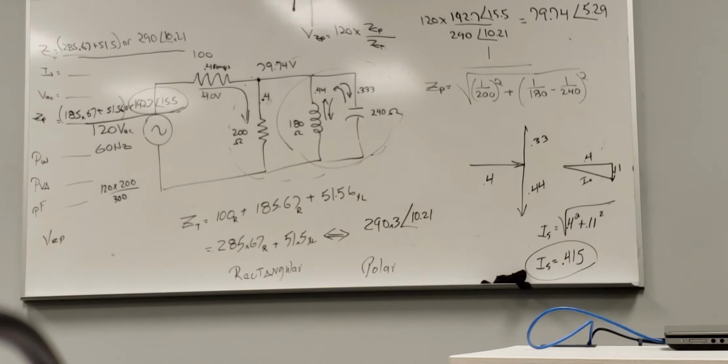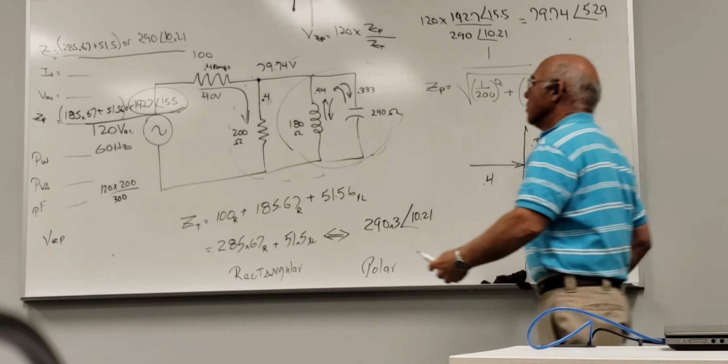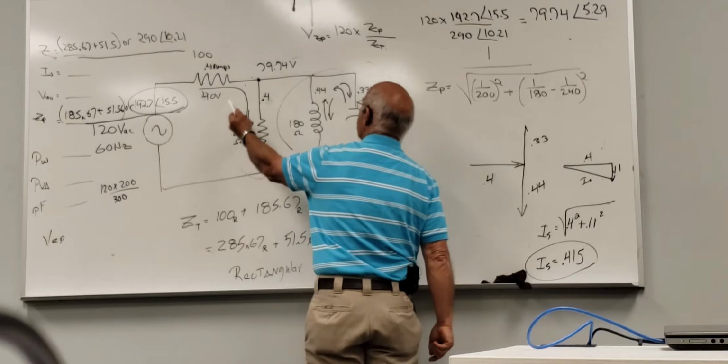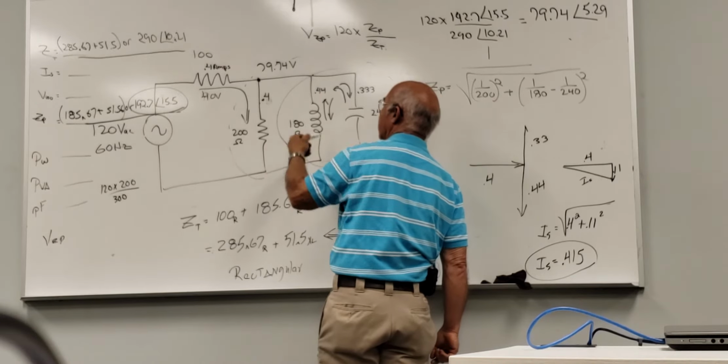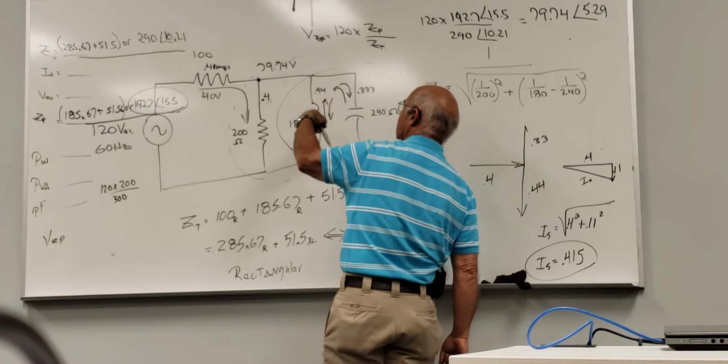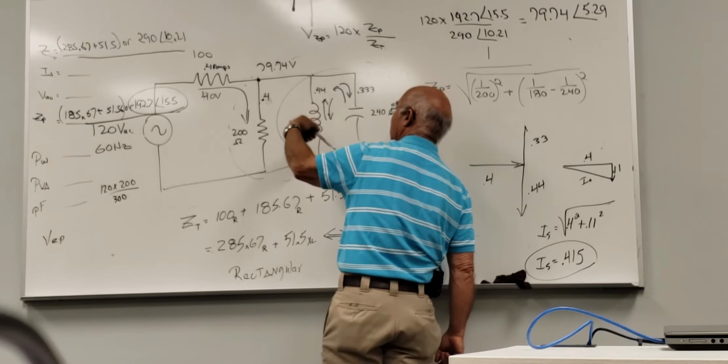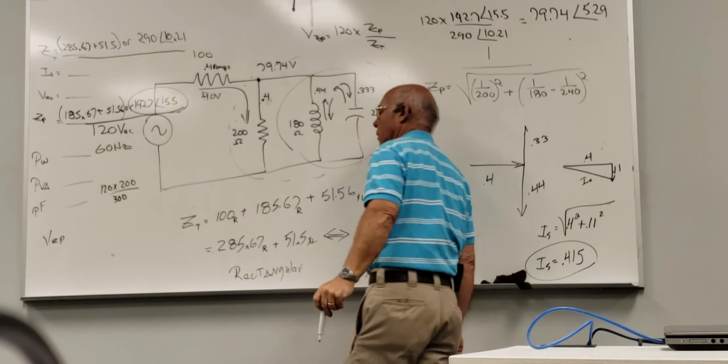Once I get it going, all I need to do is lightly push it, and the swing will keep going. Right? Takes a little effort to get it going. So when you first turn this circuit on, yeah, you get a lot of current going, charging here and here. But once these two start sharing the current, they don't draw it from the source anymore.